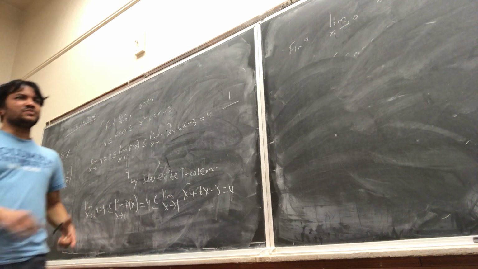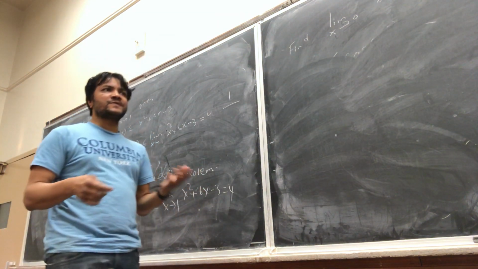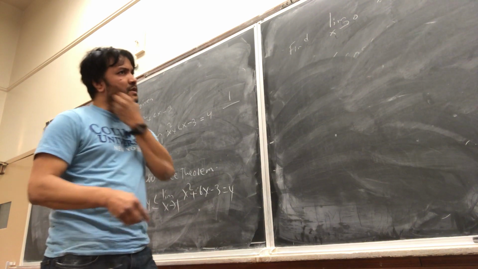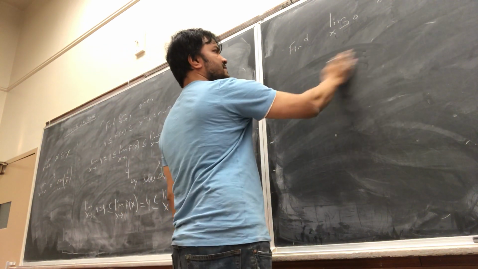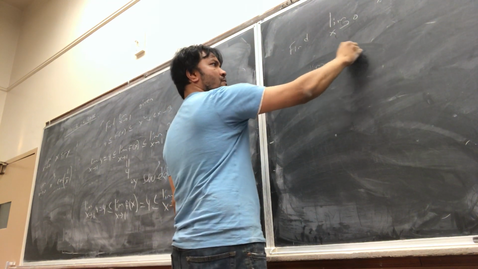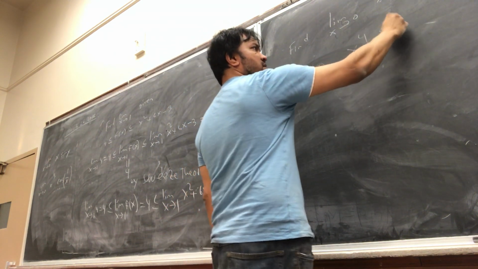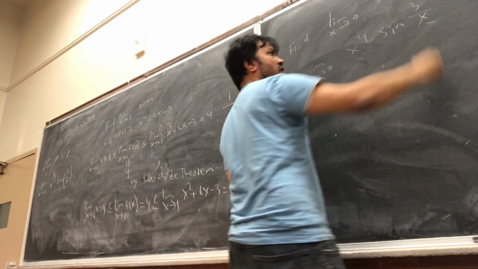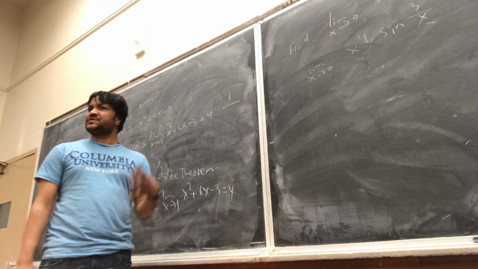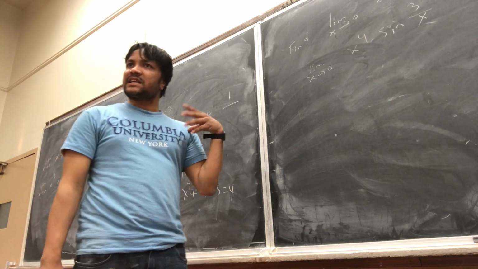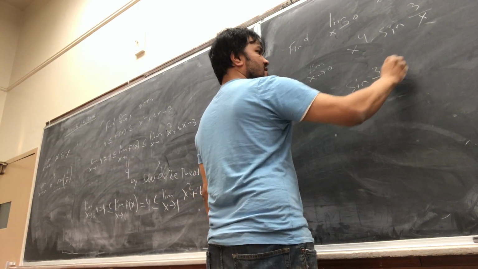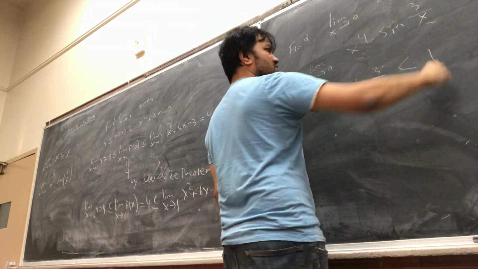Okay, so let's do this one and then we move to our second topic. What is the problem? The limit as x goes to 0 of x to the 4 times sine of 3 over x. Just like the cosine, the sine is bounded by minus 1 and plus 1.